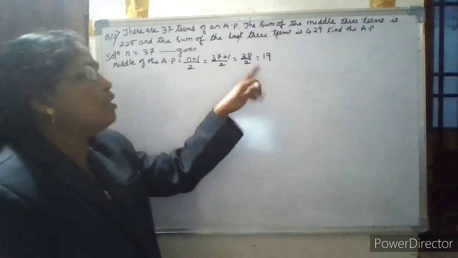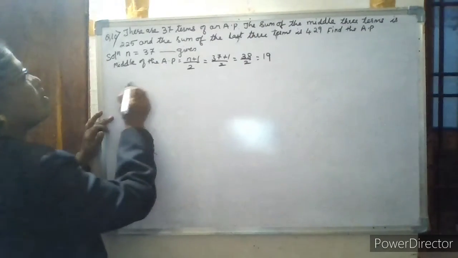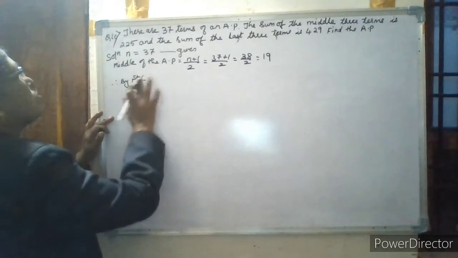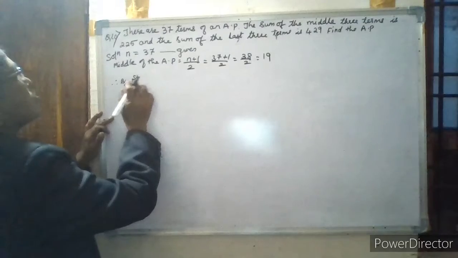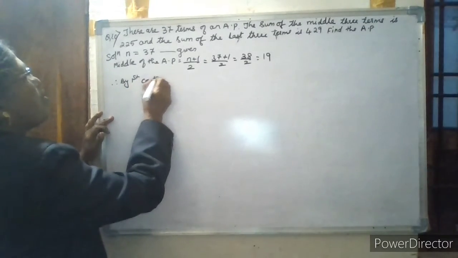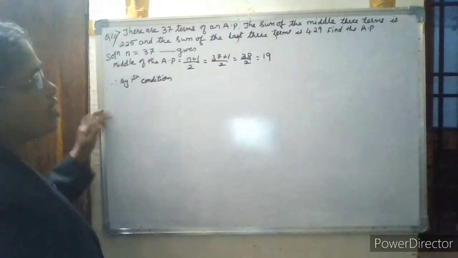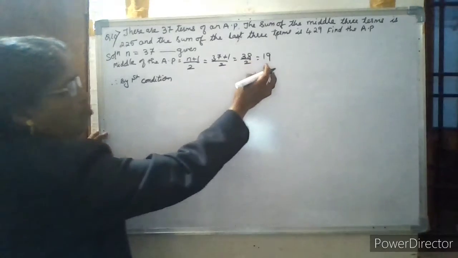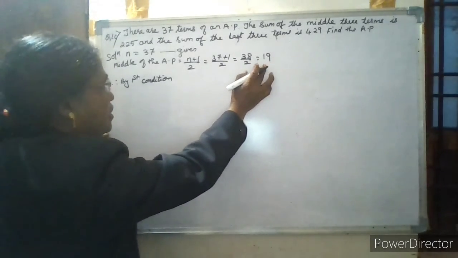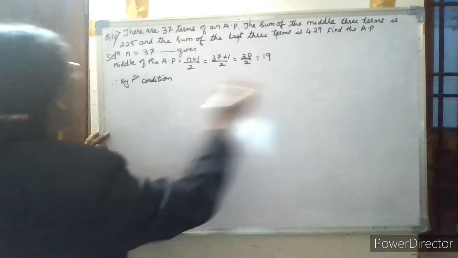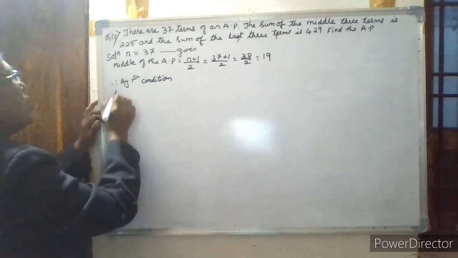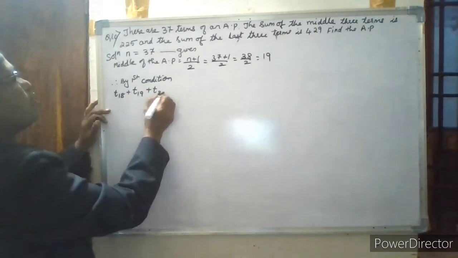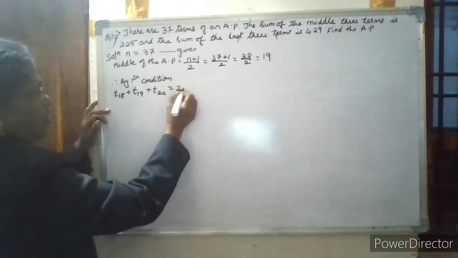So by the first condition, the sum of the middle three terms, with the 19th term being exactly the middle one: the 18th, 19th and 20th terms. So 18th term plus 19th term plus 20th term is equal to 225. This is what is given.